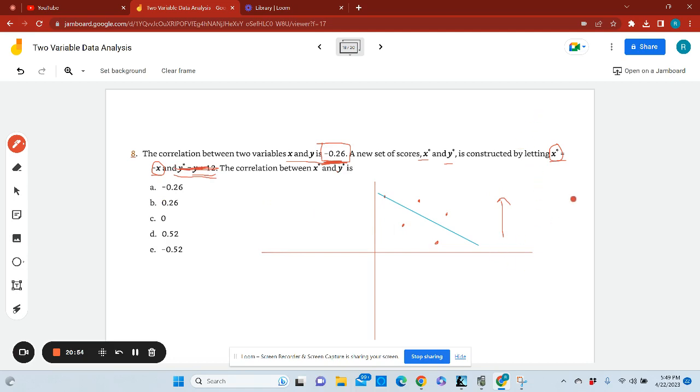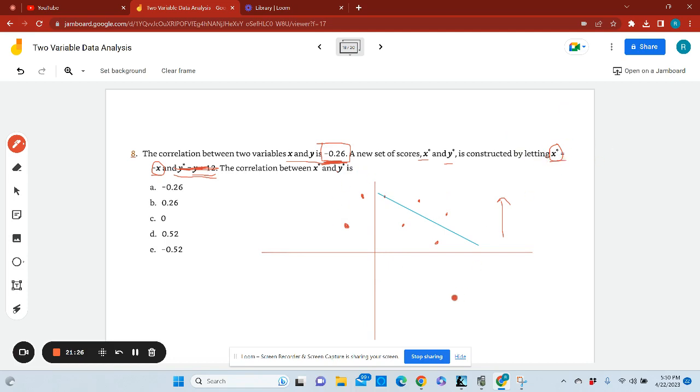What is going to change a thing is this x star equals negative x. They want us to take all these data points and flip them over the y-axis. So I can reflect over the y-axis. This is the same exact data point; I'm not going to shift it up 12 because, like I said, that's not going to make a difference. We're flipping the x variable over the y-axis.